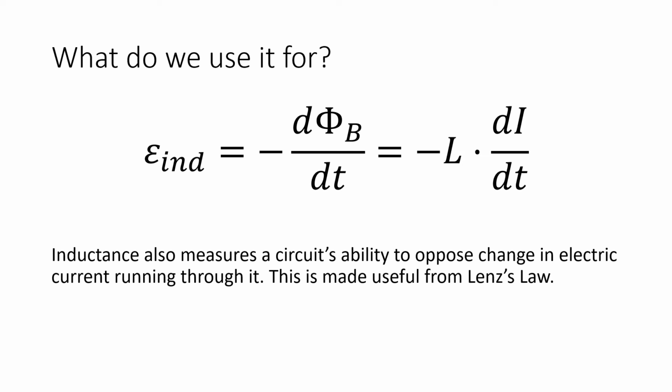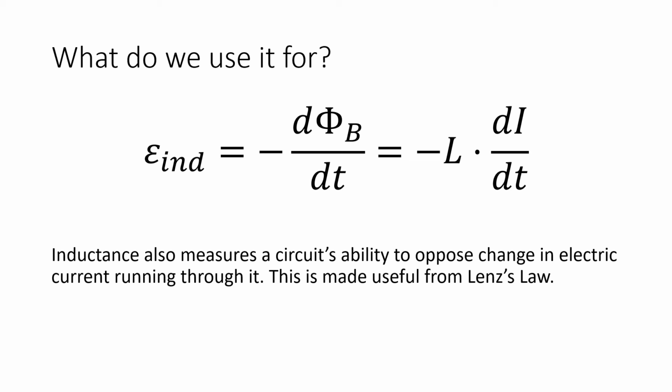The most important use of inductance is adapted from Lenz's law. So we know from Lenz's law that a circuit will try to oppose change in magnetic flux, for a closed circuit. And it's written as the EMF induced is equal to the negative change in magnetic flux. But we know from the last slide that magnetic flux for any closed circuit is equal to Li, right?